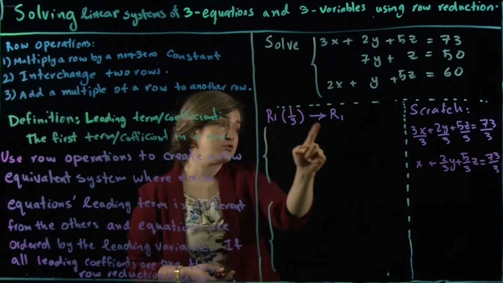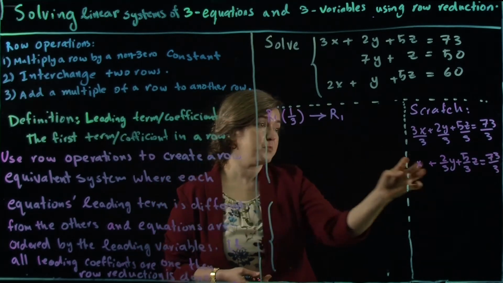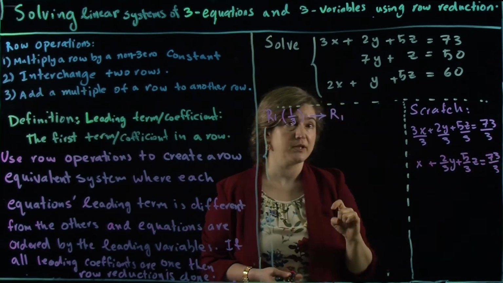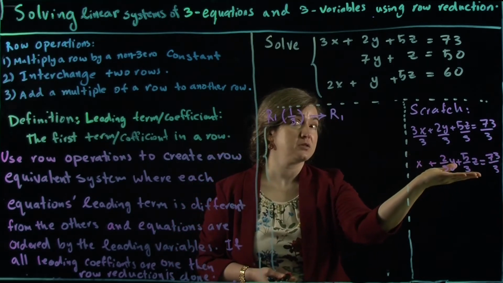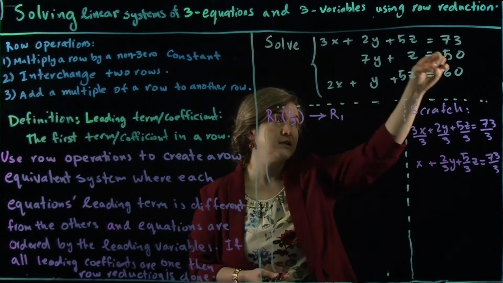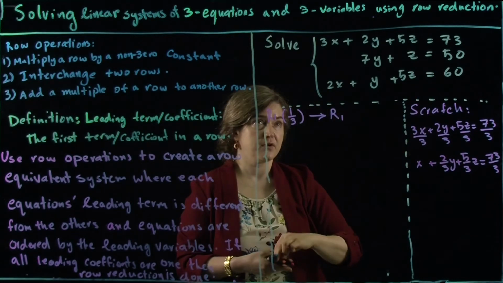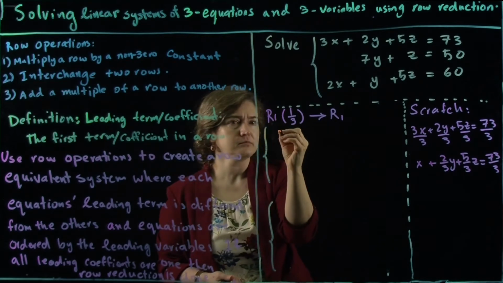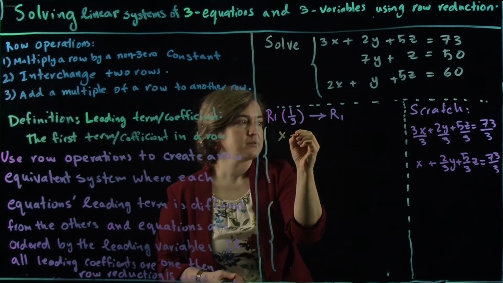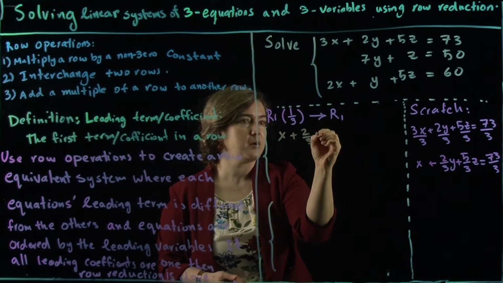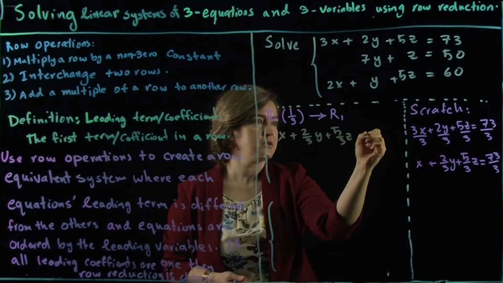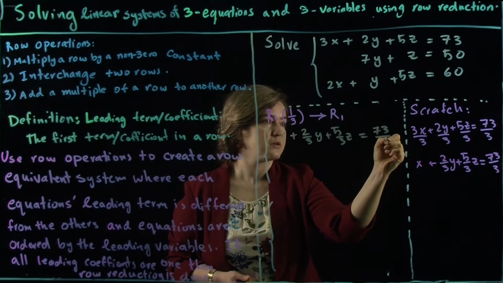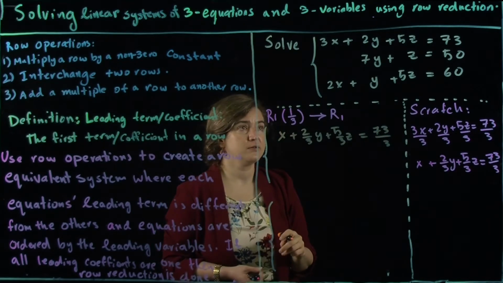Now, this is the part that I multiplied. This is R1 times 1/3. What am I supposed to do? I'm supposed to replace R1 times 1/3 into the first row. So let's rewrite this. x plus 2/3 y plus 5/3 z equal to 73/3.